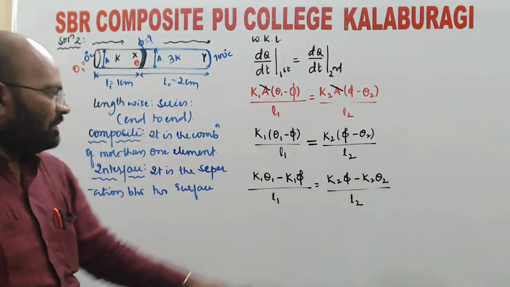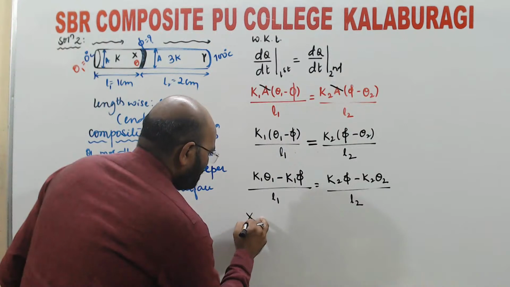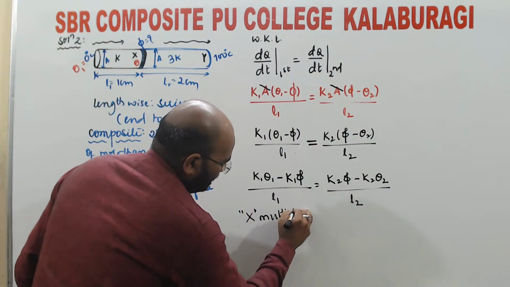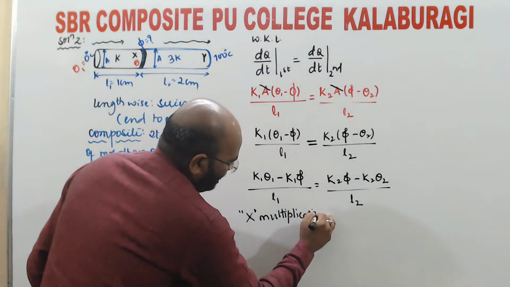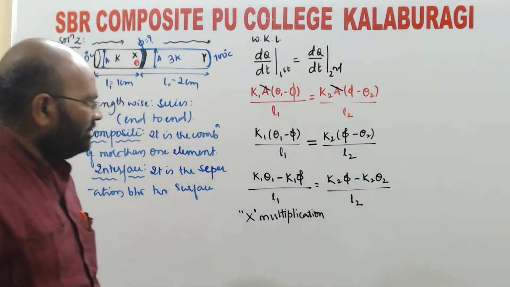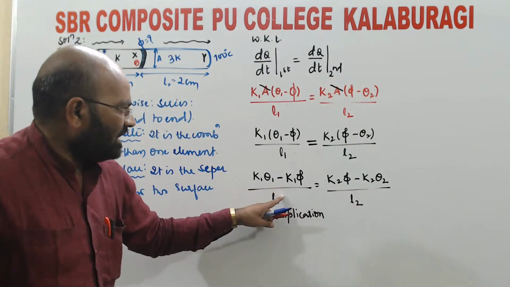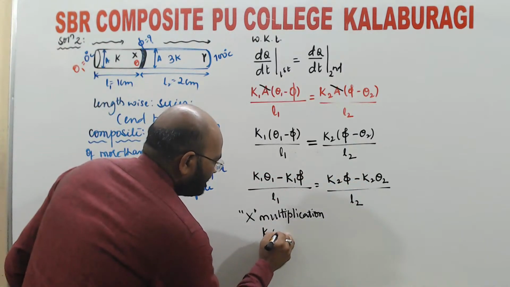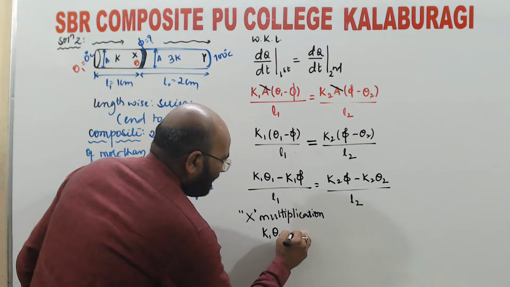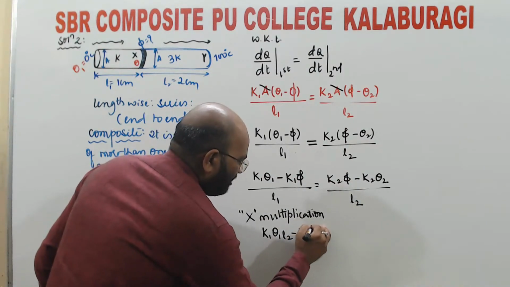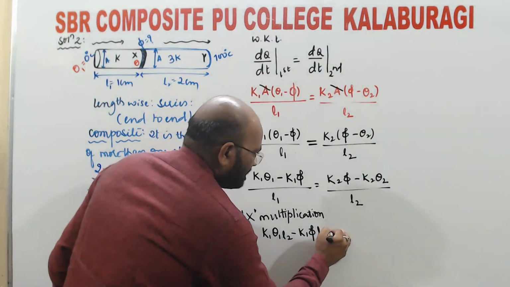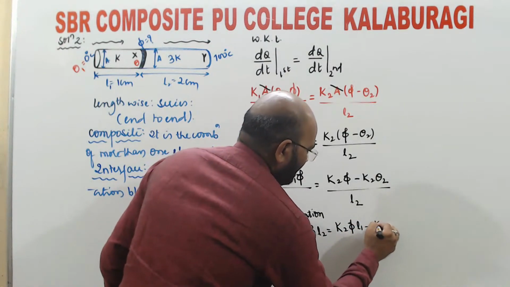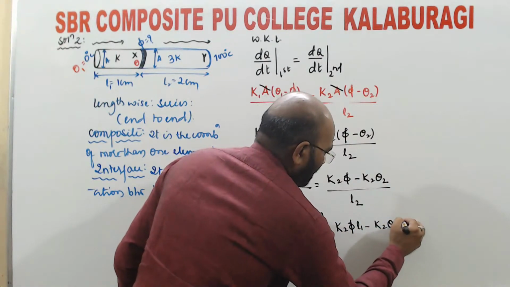By cross multiplication, L2 is multiplied on the LHS and L1 on the RHS. This gives K1 theta 1 L2 minus K1 phi L2 equals K2 phi L1 minus K2 theta 2 L1.